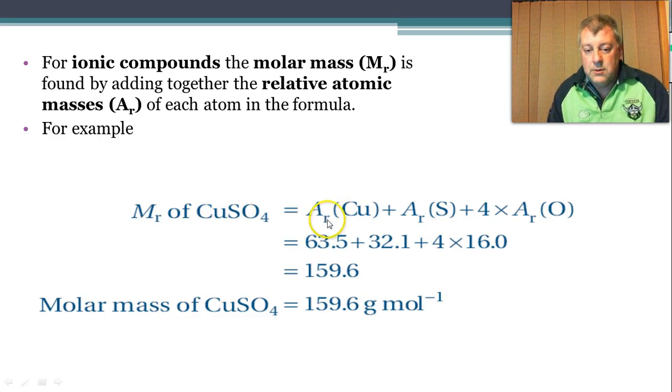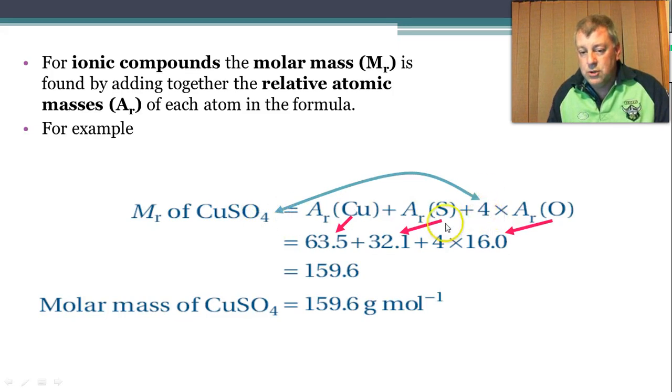So we need the relative atomic mass of copper, relative atomic mass of sulfur plus 4 times the relative atomic mass of oxygen. So this 4 here is important because it gives us 4 oxygens. And copper is 63.5, sulfur is 32.1, and oxygen 16 times 4 gives us 159.6. Therefore the molar mass of copper sulfate is 159.6 grams per mole.